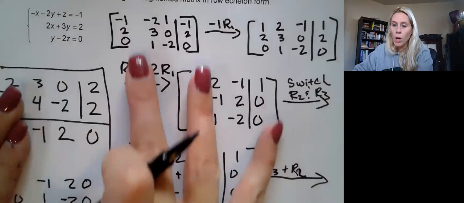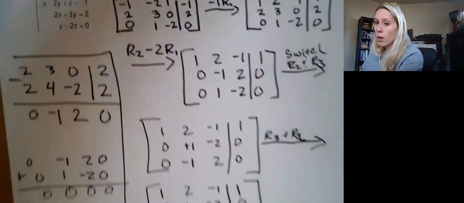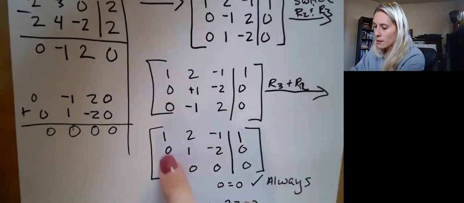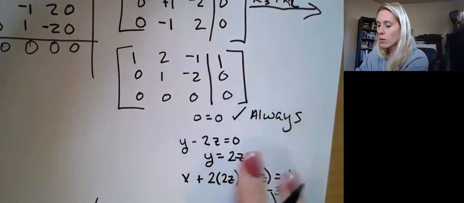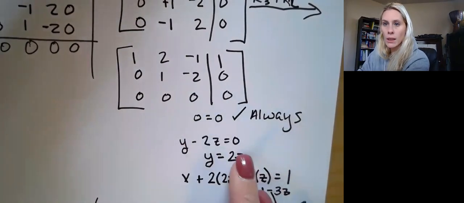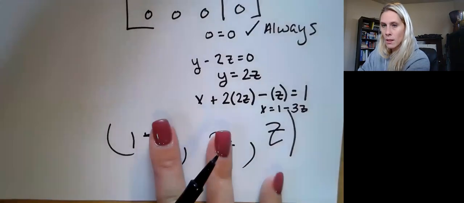We're doing the row echelon form to get the triangle down here and the ones here. If you ever end up with 0 equals 0, it's going to be our consistent dependent. So it's going to be in terms of z. We're going to run into other issues later, but this is one example.